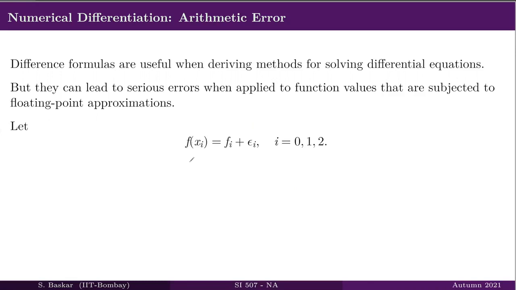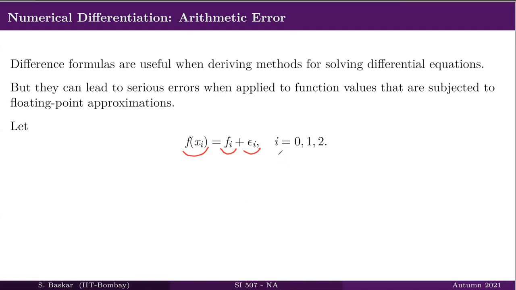What you do is you are supposed to use the exact value of the function at the nodes in your formula, but assume that you are only provided with an approximate value of the function at the nodes, which is denoted by fi, whereas the exact value is f of xi, and thereby we have an error which is denoted by epsilon i.